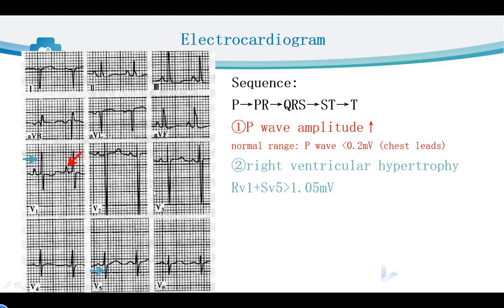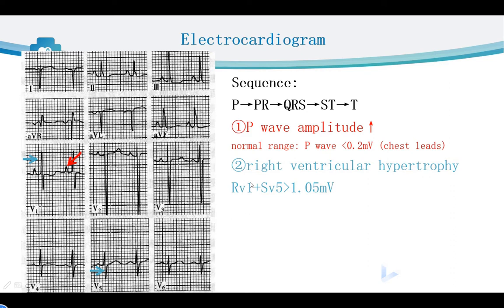The second change of this electrocardiogram is about the right ventricular hypertrophy. Let's look at here. The voltage of the R wave in the V1 lead plus the voltage of the S wave in the V5 lead is more than 1.05 millivolt.